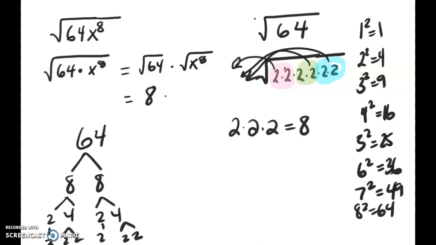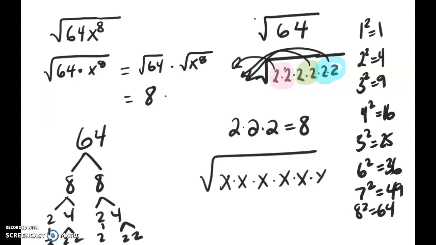So when you approach something with a variable, x to the 8th power, we'll write it out. x to the 8th is x times itself 8 times. And then look for pairs.